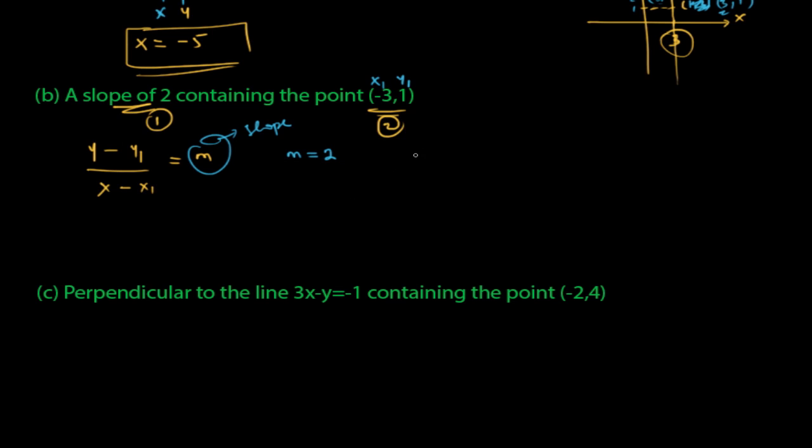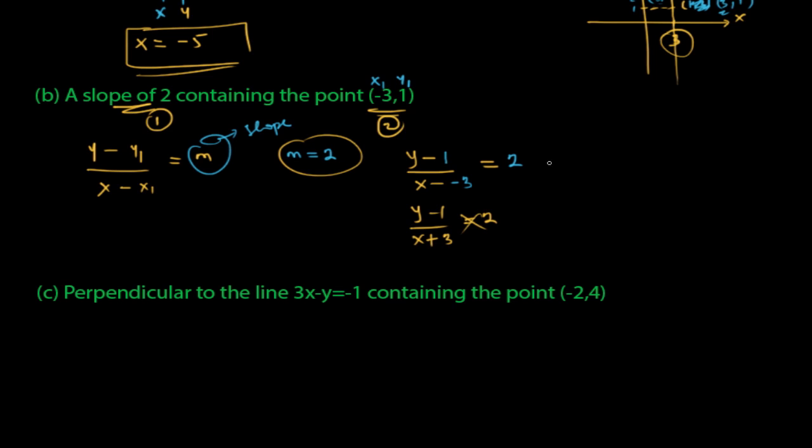So what I have here is y minus my y1, which is 1, divided by x minus my x1, which is -3, equals the slope, which is 2. So then this is just y minus 1 divided by x plus 3 equals 2, and then you cross multiply.